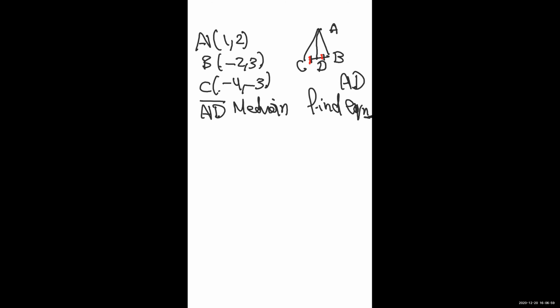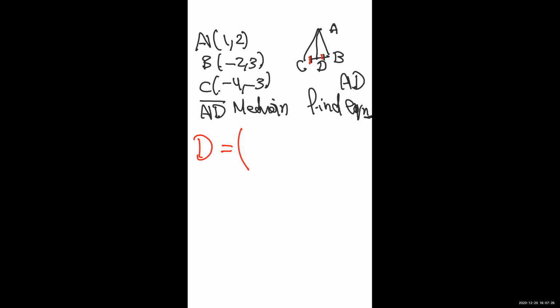So find the equation of AD. Now AD is a median of this triangle, so this means D is a midpoint of BC, right? Now I have to get the point D. Actually, D will equal, it's a midpoint, so (x1 plus x2) over 2 and (y1 plus y2) over 2, right?